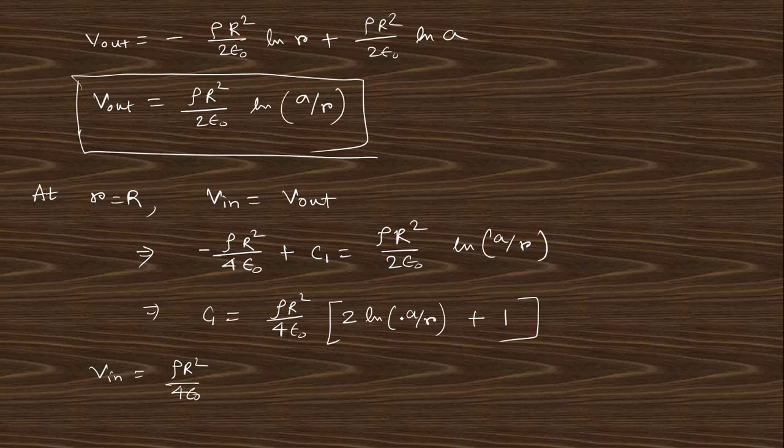I think this is r equals to capital R. Okay, that's it. So this will be common and will be 2 ln a by capital R plus 1, and this will be the minus 1. These cancel out. Rho R square by 4 epsilon naught ln a by R. So this is the V in.